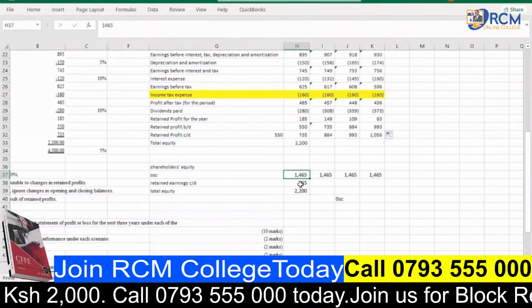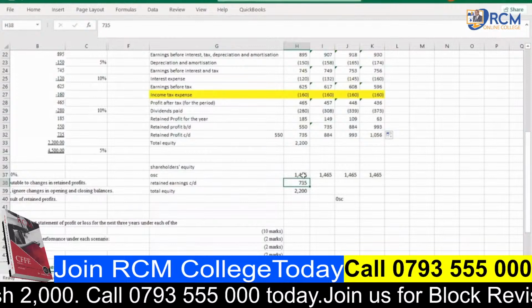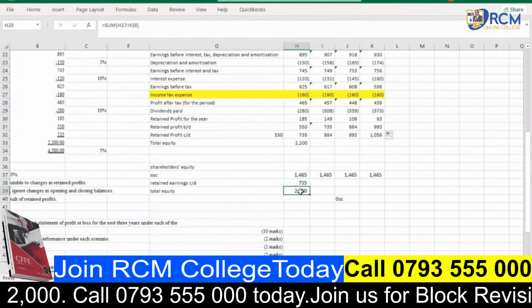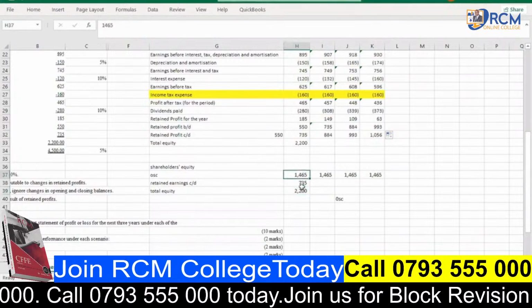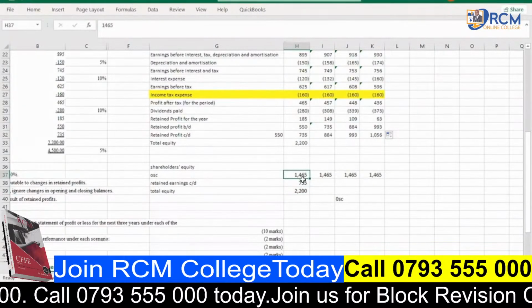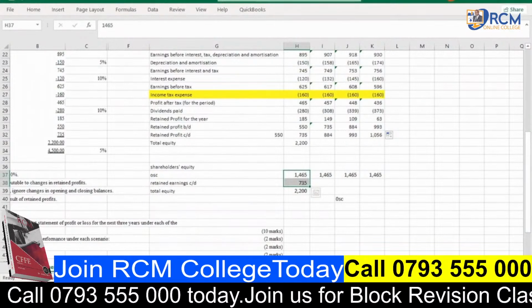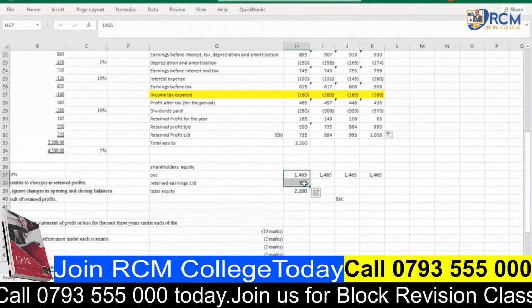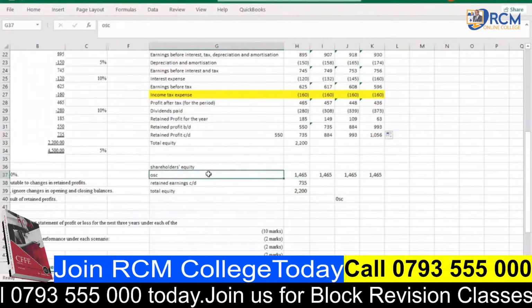So if we have 735, we add it to unknown value, which is the ordinary share capital, we'll be able to get 2200. That unknown value happens to be 1465. If you add 1465 to 735, unapata 2200. Sasa tumekuja hapa tukapata 1465. This 1465 is ordinary share capital.